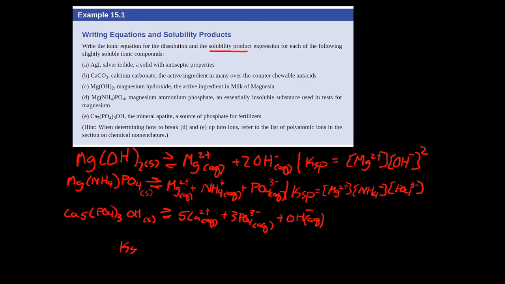I'm going to go and put the Ksp down here since we kind of run out of room there. So Ksp is again just going to be everything that could show up in the equilibrium expression, which in this case is just going to be the products, because our only reactant is a solid. And so we will have calcium 2 plus to the 5th, phosphate to the 3rd, and a single lonely OH minus. That is our Ksp value.